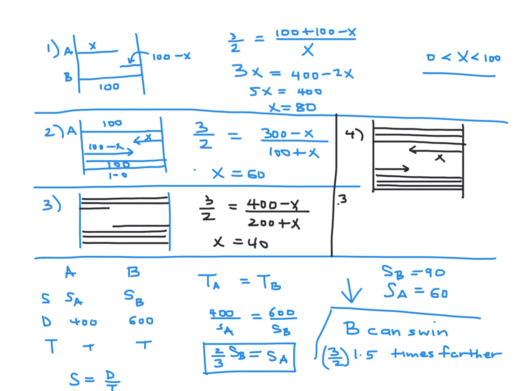So this time 3 over 2 is equal to, well, we've got to label it. This is going to be 100 minus X. I didn't even label this one over here, but that's okay. You understand this would be X and this would be 100 minus X. So we get 500 minus X over 300 plus X. This solves to 20.